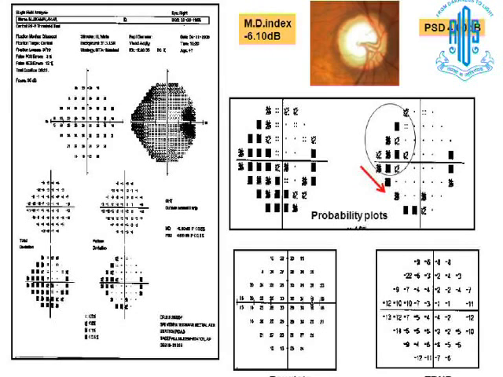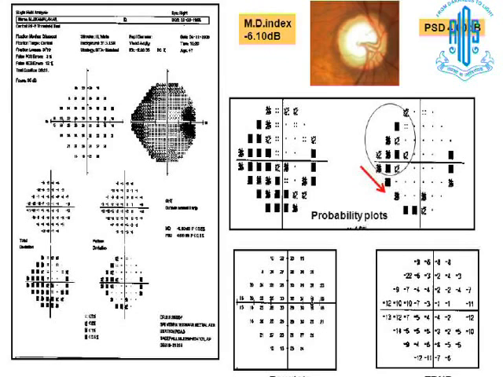Pressures are high, and the most important component we understand is that the pattern deviation probability plot is created not only to identify localized scotoma in deep generalized loss. Even in this case, we can know the progression of the field defect in the pattern deviation probability plot. That is very, very important.